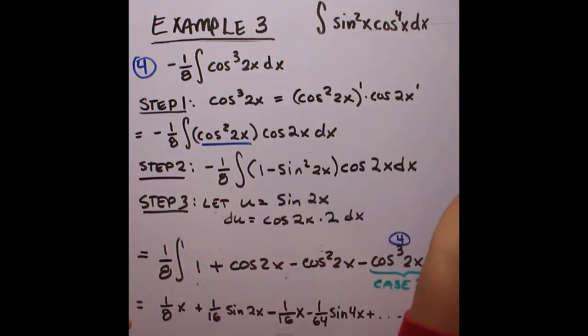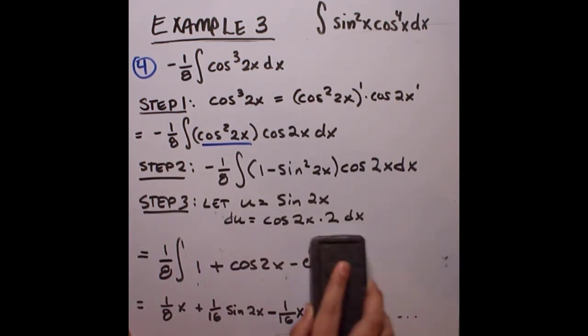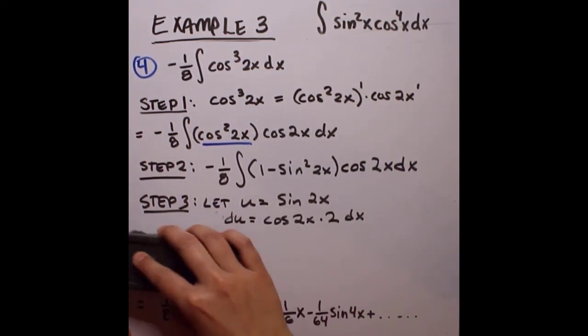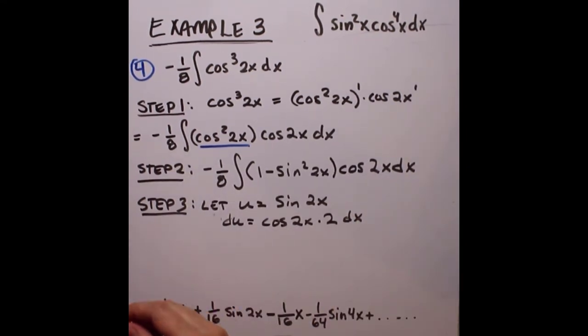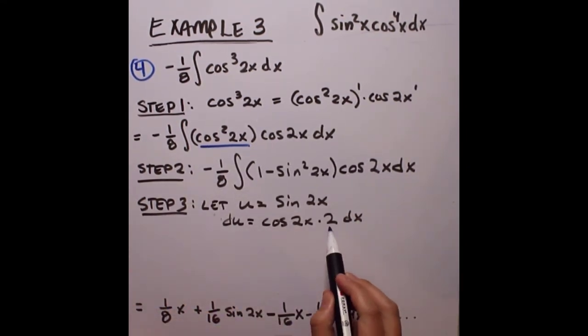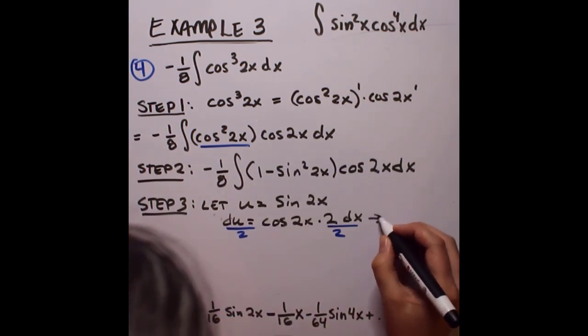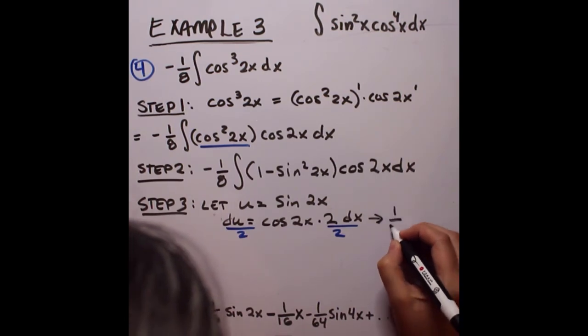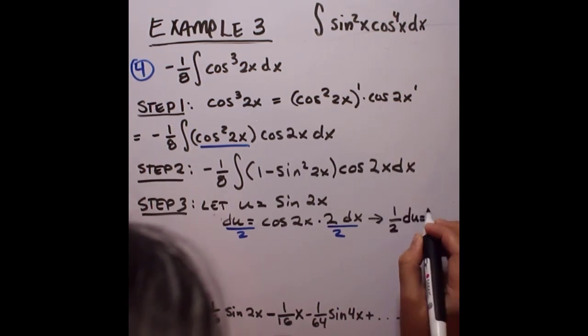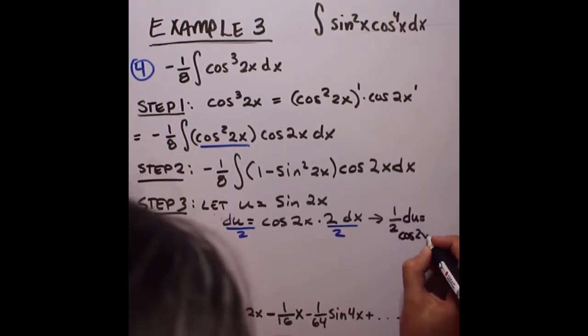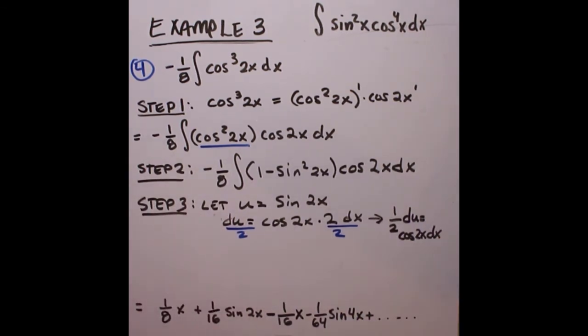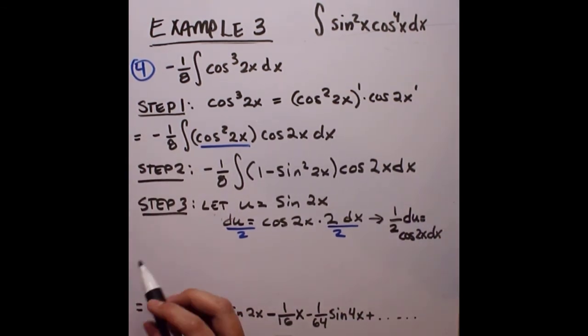Let me erase, because we're running out of room, but we've been keeping track. We are on the last part here, and I'll keep our answer that we have so far down at the bottom. So I'm going to go ahead and divide out this 2 from both sides. What we'll end up substituting in for du, we have 1/2 du is our cosine 2x dx. So let's plug this in. Let me underline some stuff for you.